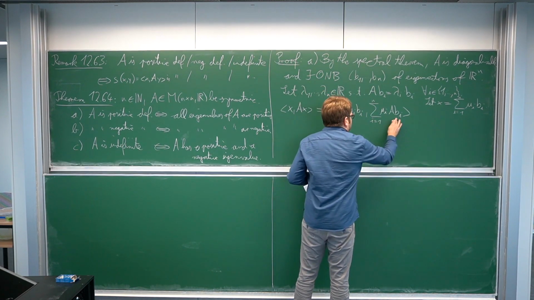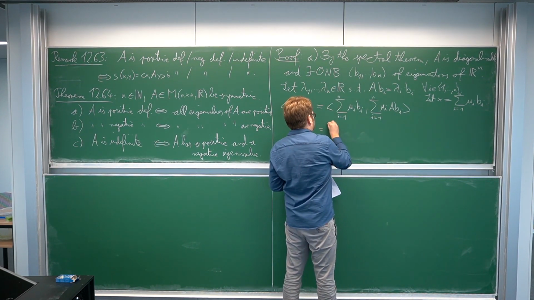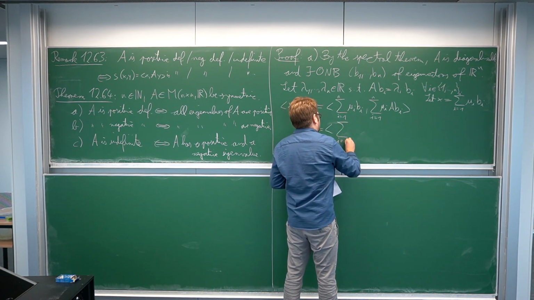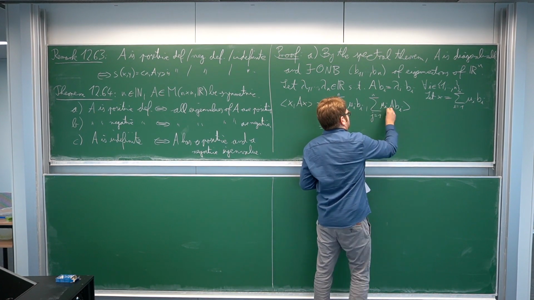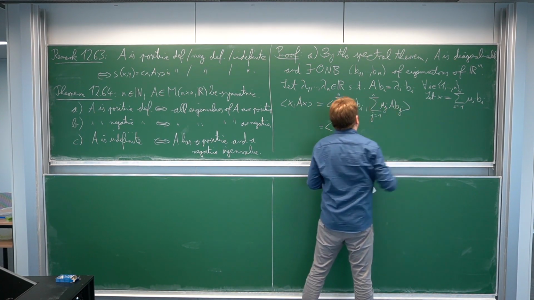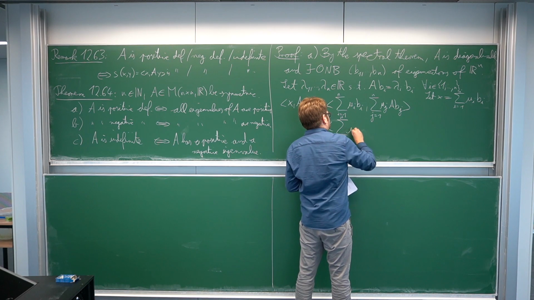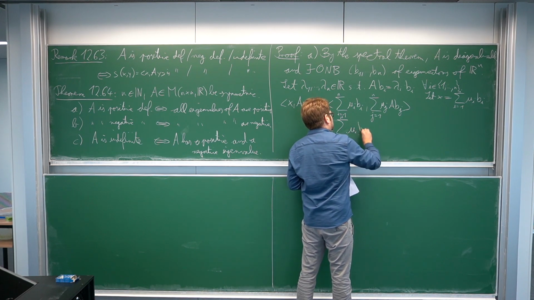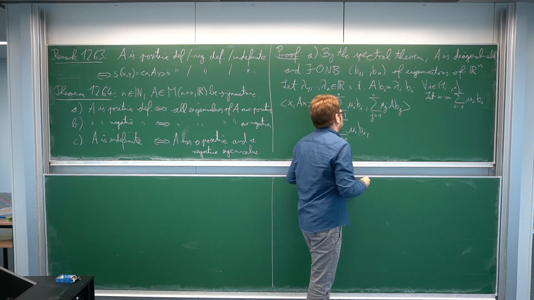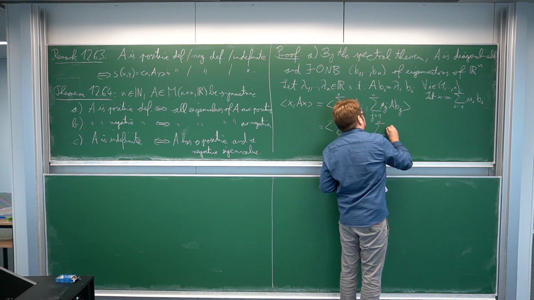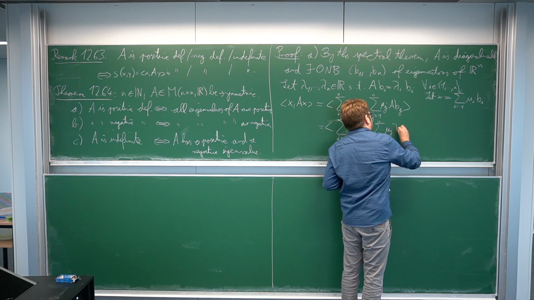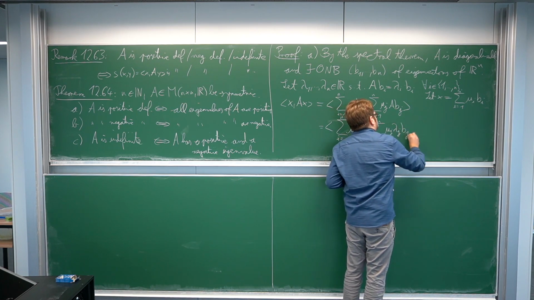Now, A bi is just lambda i bi, as we've seen, so this is the same as the inner product of the sum from i equals 1 to n, or let's give this another name, let's put this to be j, not to confuse these two. So here we've got the vector, and here we've got the sum j from 1 to n of mu j lambda j bj.